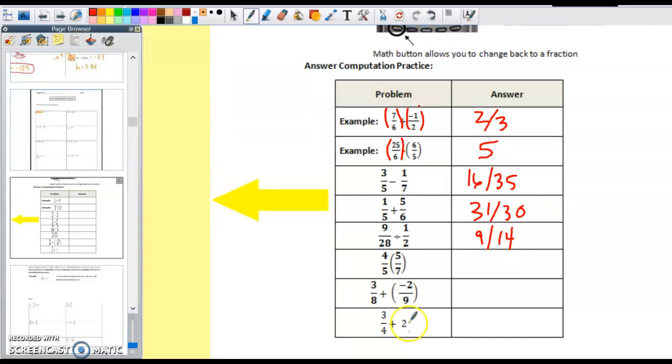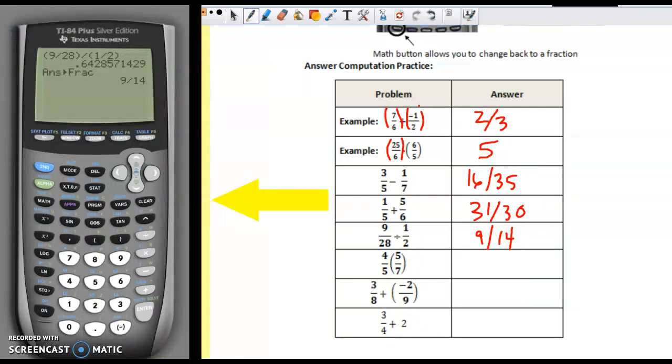Okay, the next one here, if we look at it, we have 4/5 times 5/7. Again, we have a fraction buddied up directly against a fraction. That would be the operation of multiplication. So again, putting it in my calculator, I am simply putting in my fractions in parentheses and using division as my fractional bar.